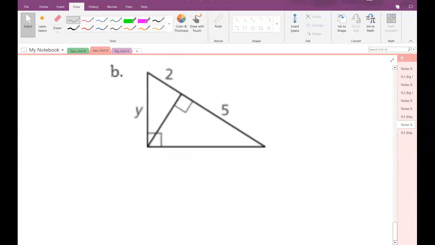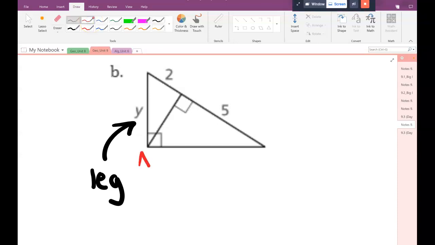All right. So next, example B. This time we're not asked to find our altitude. We're asked to find a leg. Before I start again, I'm going to label my vertices A, B, C. Label this point D. So now we're going to be using that second theorem because now we're trying to find a leg.